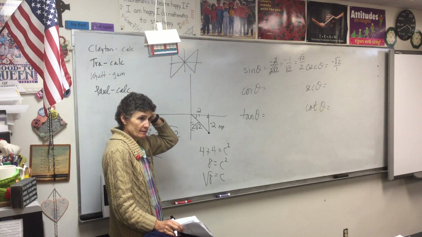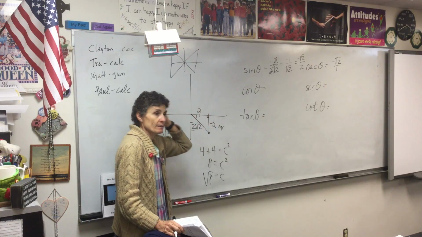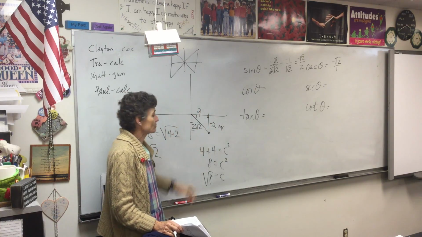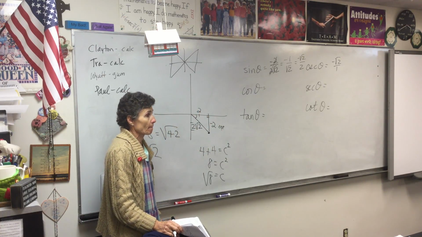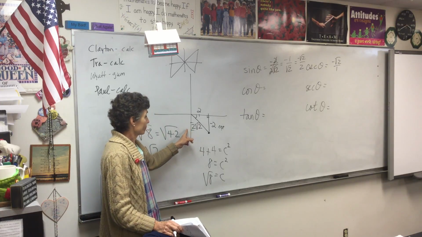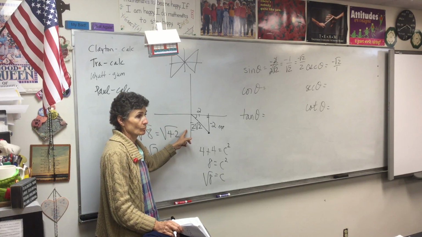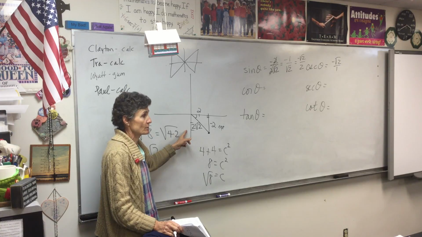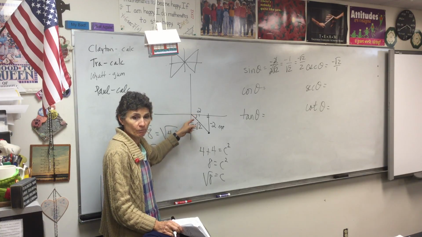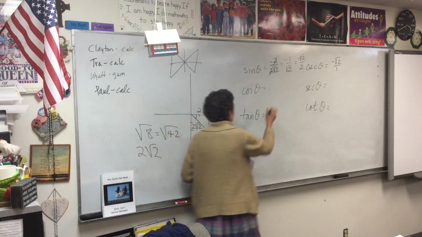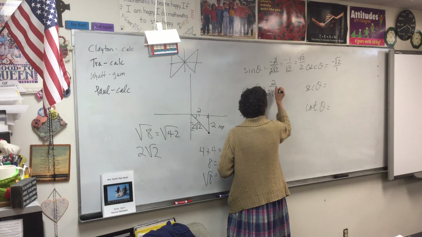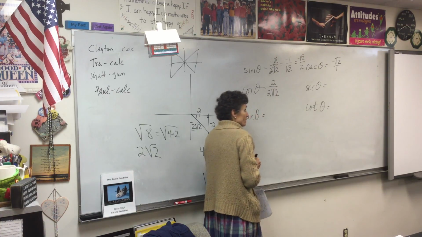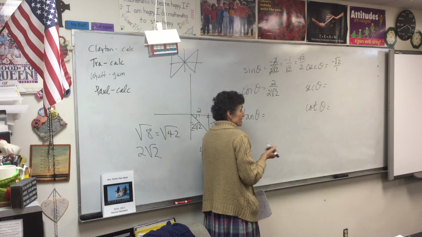All right, next. Cosine. Let's look at the problem here. What's the cosine? First step: 2 over 2 root 2. So I'm going to write that down. 2 over 2 root 2. Now this doesn't happen very often, but sometimes it does.